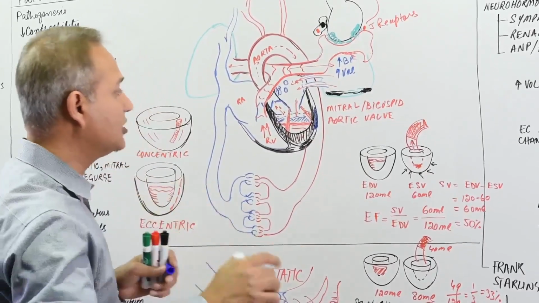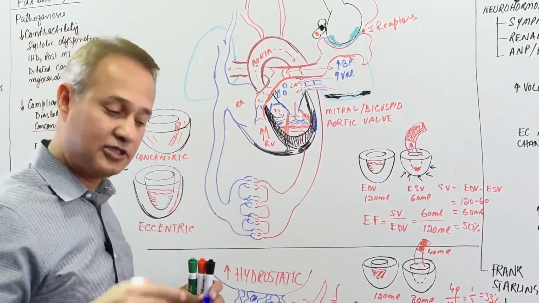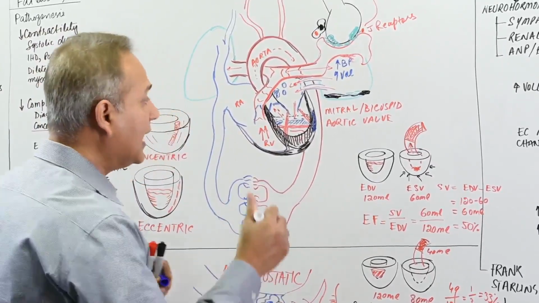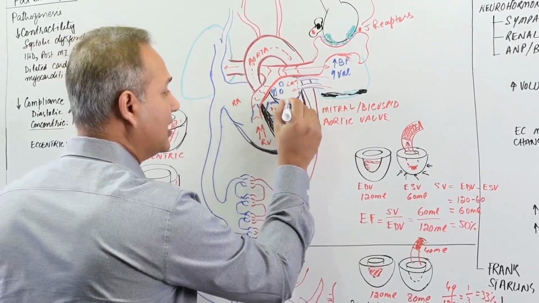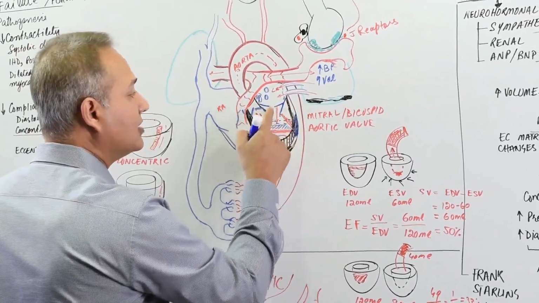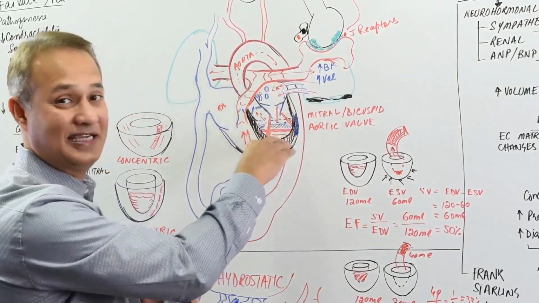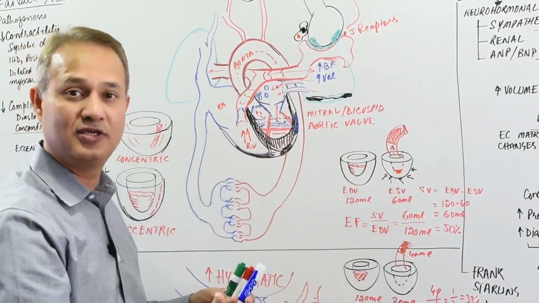There is one situation, don't forget this one, where even with hypertension or aortic stenosis, the patient still does not develop hypertrophy. Do you know how? If there is an AV valve, bicuspid or tricuspid valve, stenosis, then there is not enough blood coming in for the heart to work with.